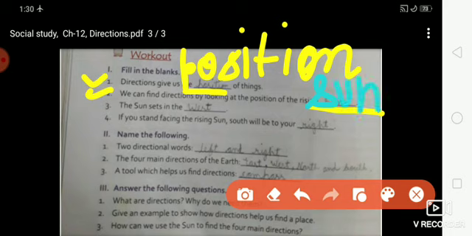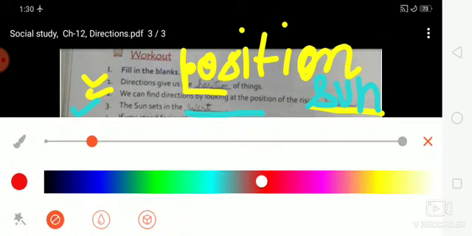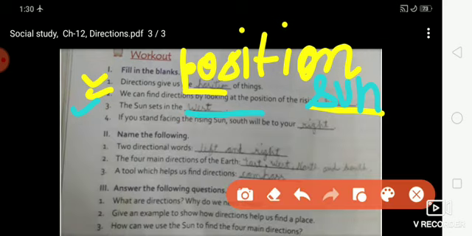S-U-N, sun. Now third one: the sun sets in the dash. West, W-E-S-T, west. The sun sets in the west.